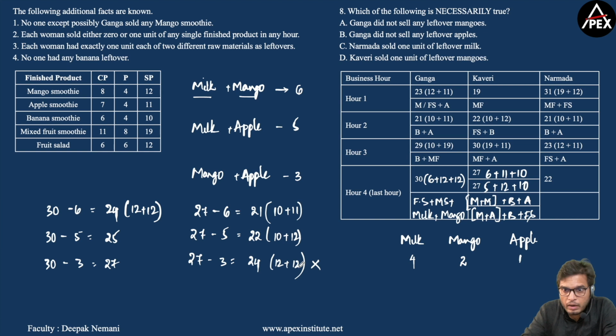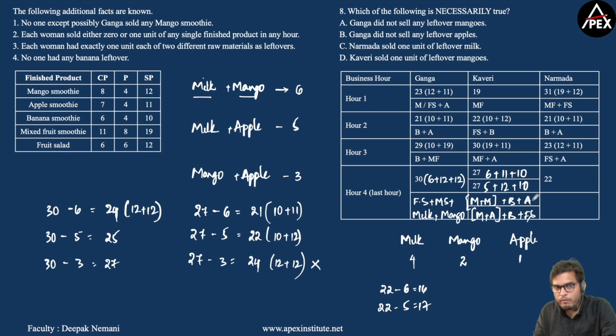Now coming to Narmada. Narmada received an amount of 22 rupees in the last hour. Now if I consider Narmada selling 1 unit of milk and 1 unit of mango as leftovers, 22 minus 6, that is 16. Now we do not have Narmada selling any item for 16 rupees. Now if I consider the leftovers as 1 unit of milk and 1 unit of apple, 22 minus 5, 17.